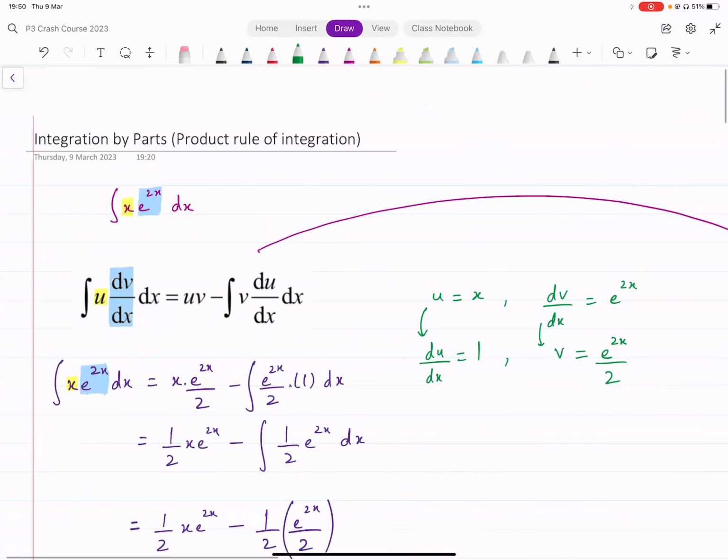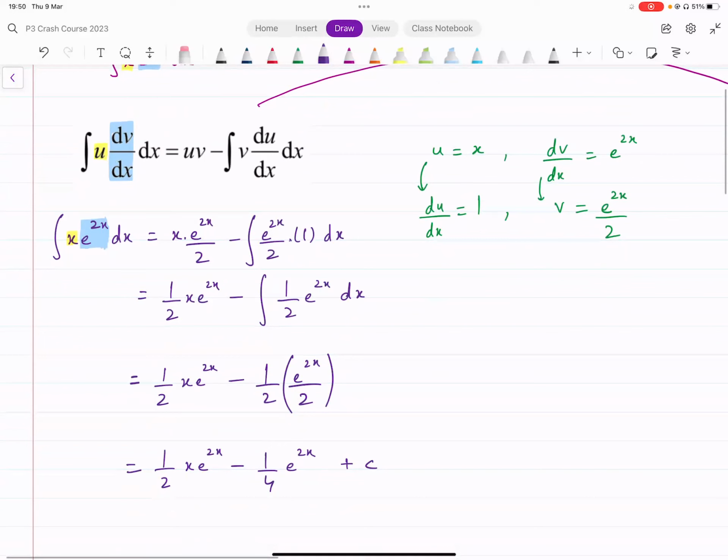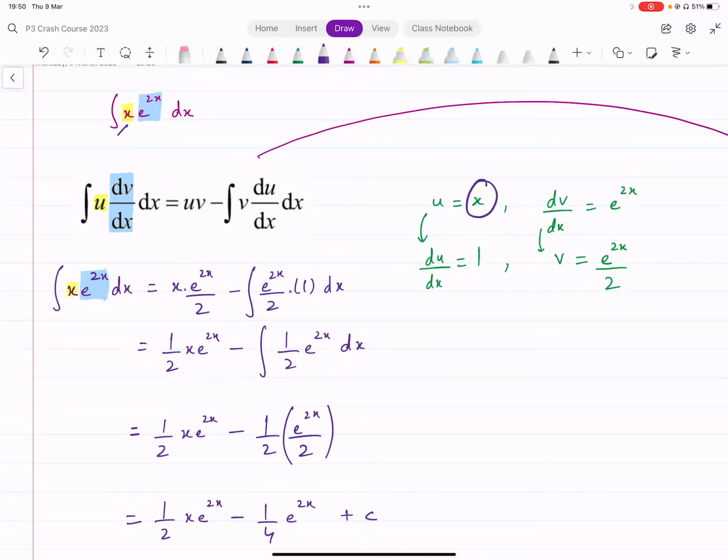In the first example that we did above, when we took x as u, du over dx, the derivative of u, actually became something simpler, right? The derivative of x became something simpler. x was reduced to just 1, right?